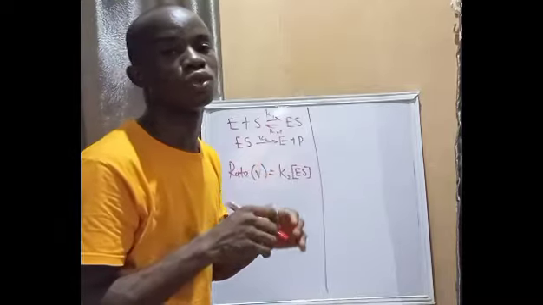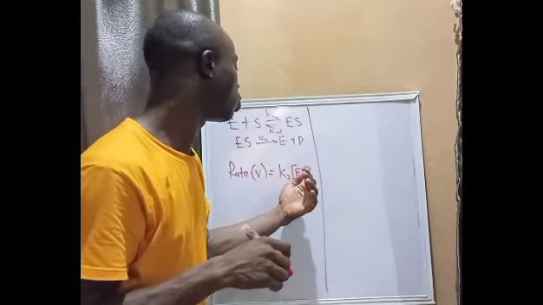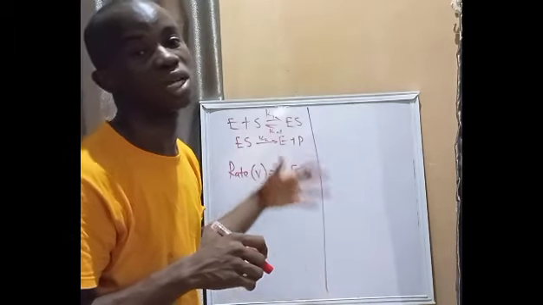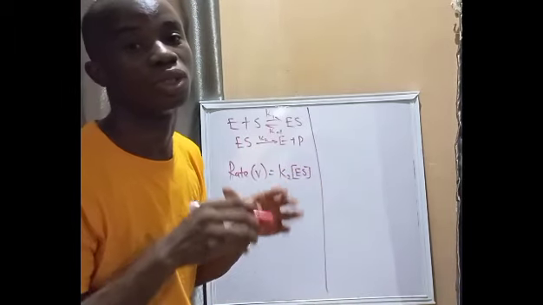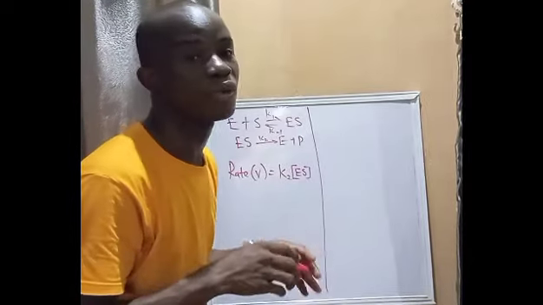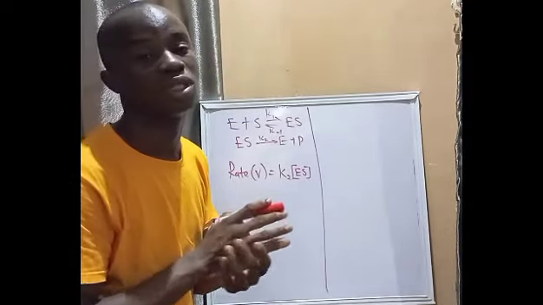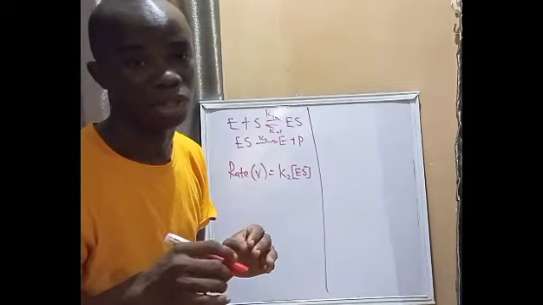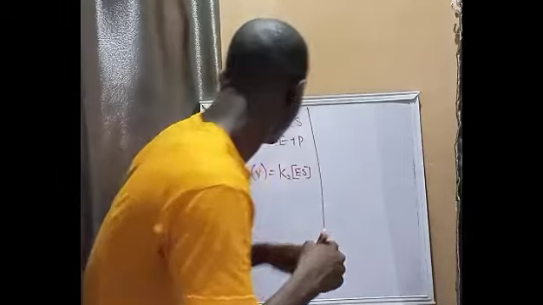So one of the approaches that we apply so that this enzyme substrate complex, which is an intermediate, can be removed is what we call the steady state approach. In the steady state approach, we have that the rate of formation of an intermediate equals to the rate of decomposition of that same intermediate.